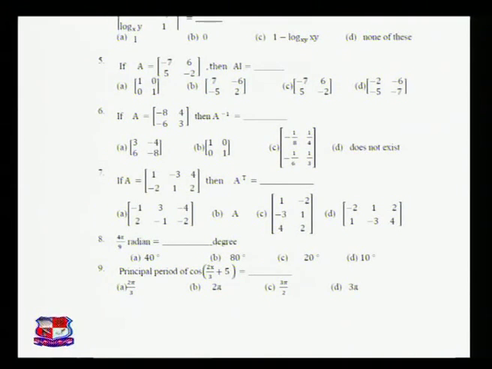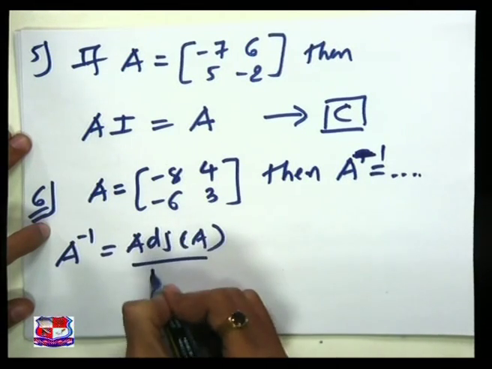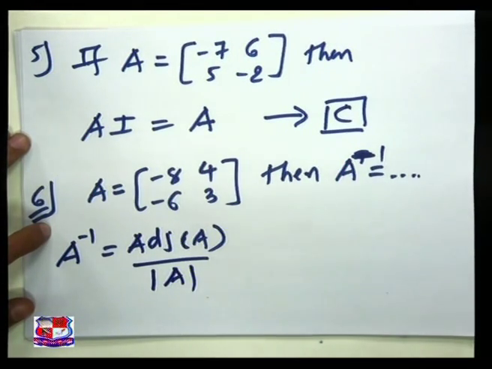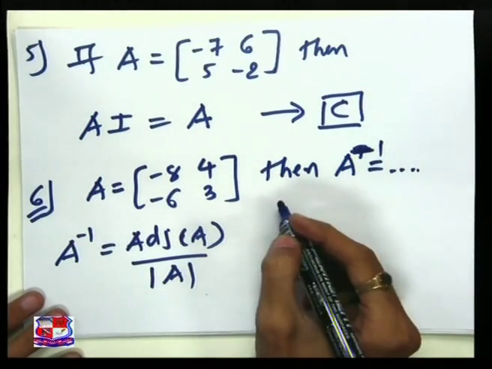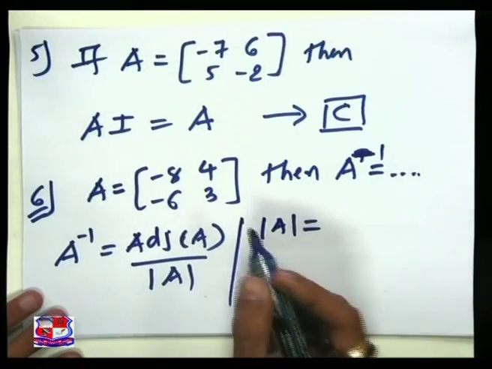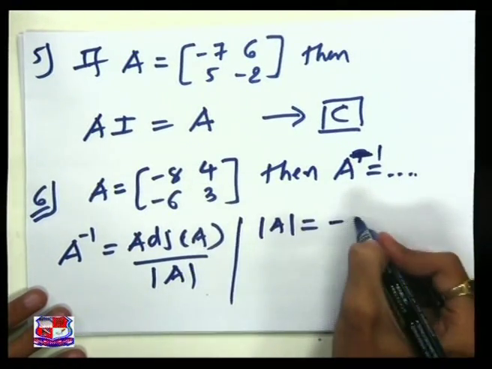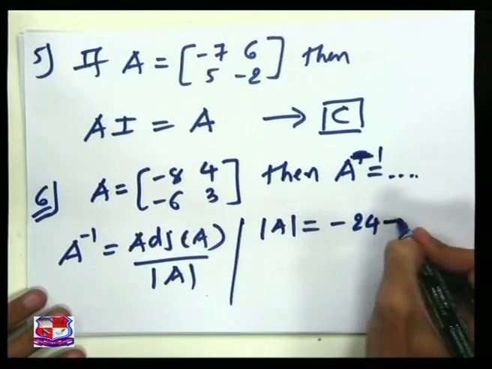If we want to find A inverse, the formula for A inverse is adjoint of A upon determinant of A. And here for a 2 by 2 matrix, first the determinant of A is equal to minus 24 plus 24.